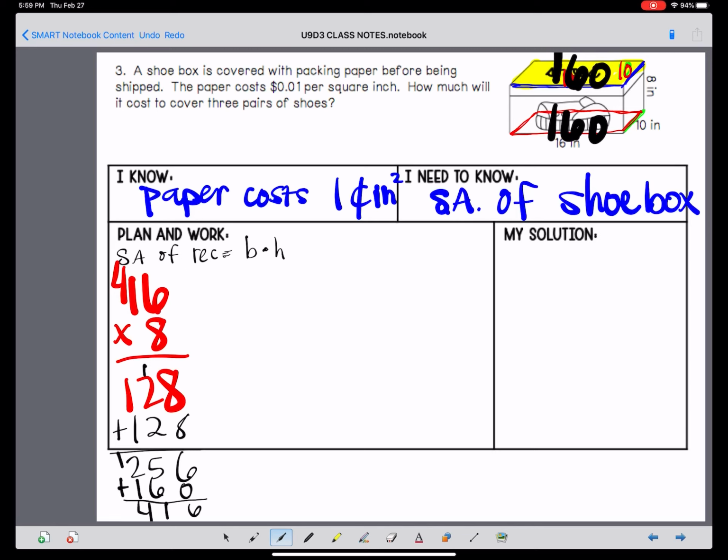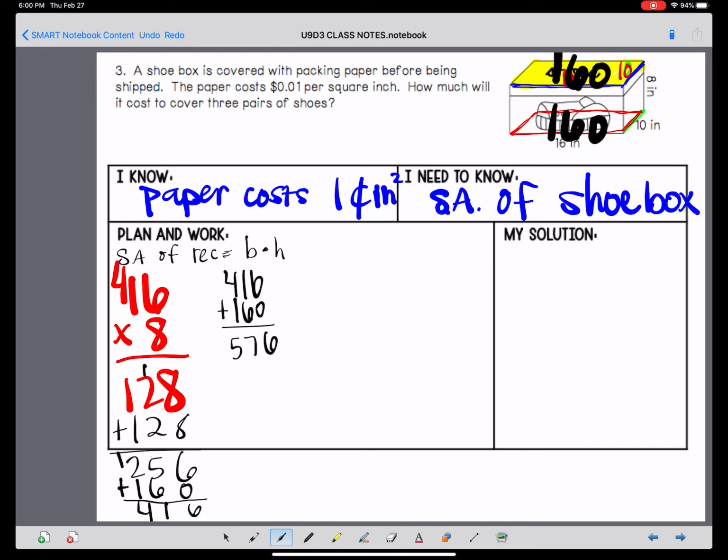I have 416, but I still need to add another 160. I'm going to show all my work and just keep carrying it over. So I'm just adding the bottom of my shoebox now. I have 576.